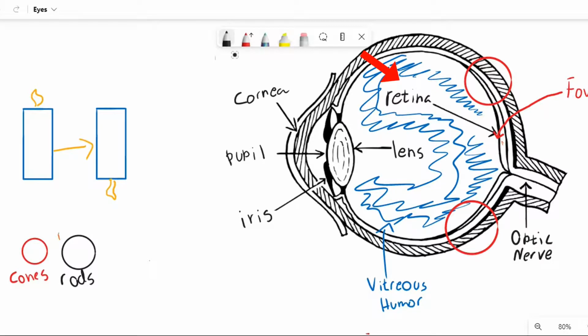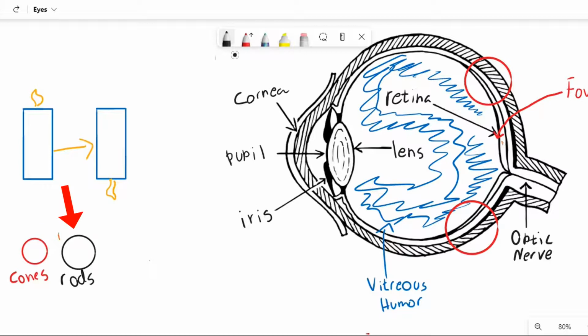And your retina is basically a screen on the back of your head. There are different photoreceptors on your retina which sense color and black and white. The photoreceptors that sense colors are called cones, and the photoreceptors that sense black and white are called rods.